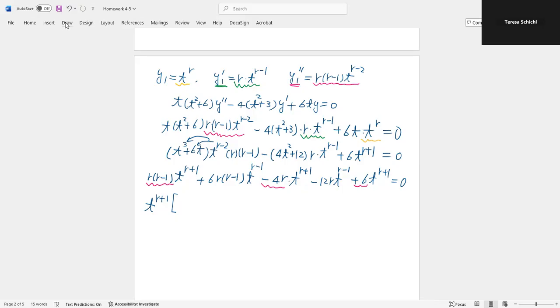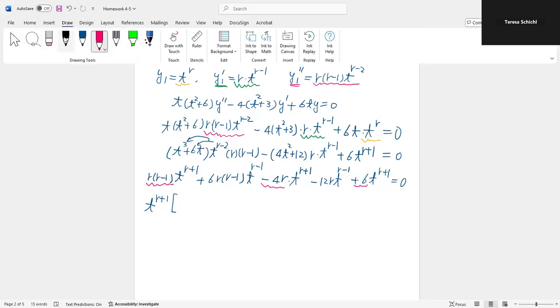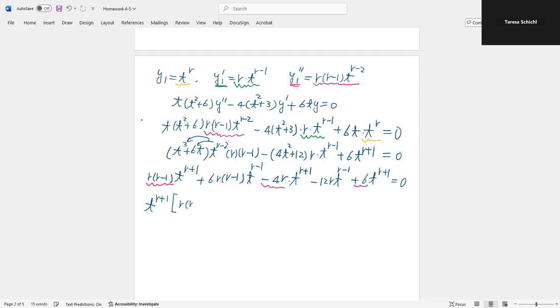Okay, so now I will combine them. So it will be r times r minus 1, minus 4r, and plus 6. Then for the remaining, I have t to the r minus 1, so it will have 6r times r minus 1, okay, minus 12r equal to 0.